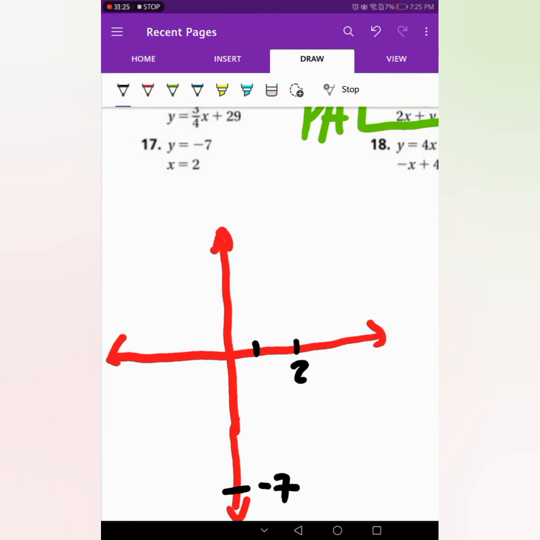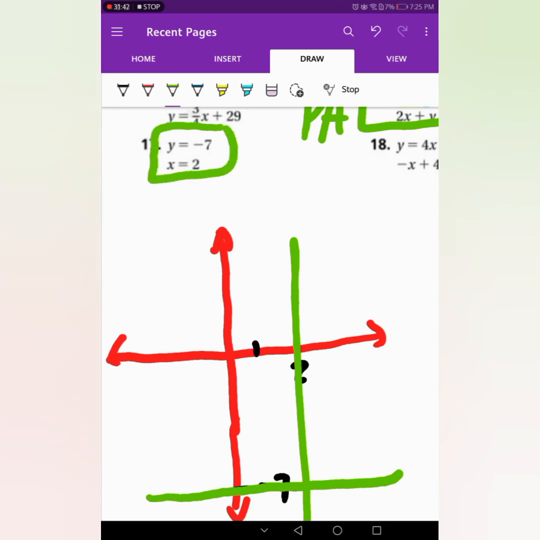So if you make this and this, as you see here, they are perpendicular. So my dear student, if you have an equation with the subject of y and another equation with the subject of x, directly they are perpendicular.